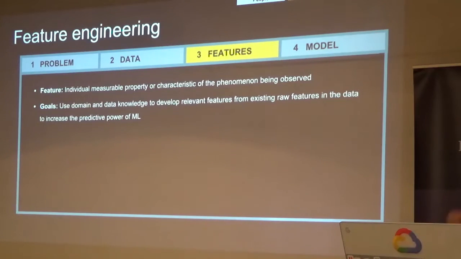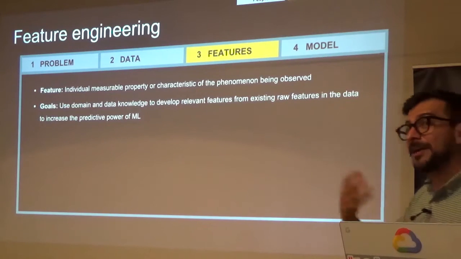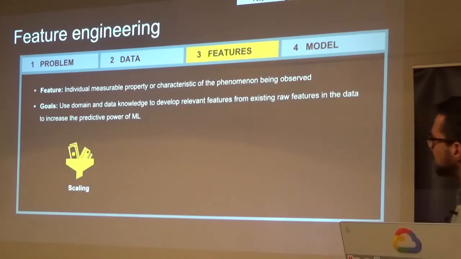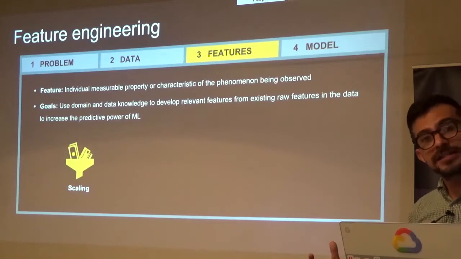The next one is features. If you remember what I talked about in statistics, these are the variables that you're going to be using to make your predictions. There are three main ways to do feature engineering.